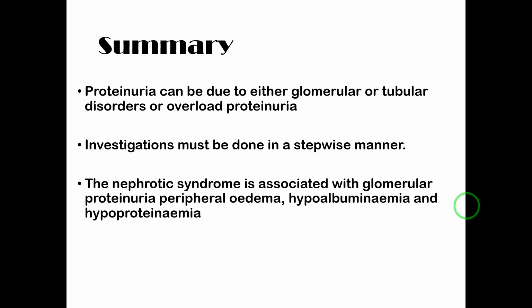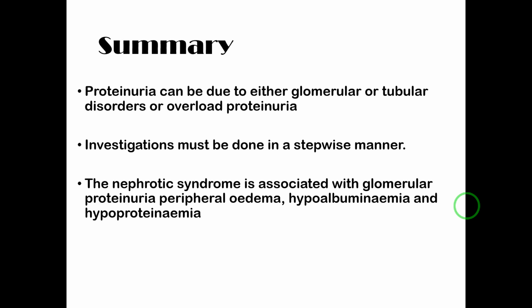In summary, proteinuria is either glomerular or tubular or maybe overload proteinuria. The investigation must be done in a stepwise manner. It means that first we must confirm that the patient has proteinuria by repeating the test 2 or 3 times, and then in a sophisticated way, not depending only on the dipstick reagent test.